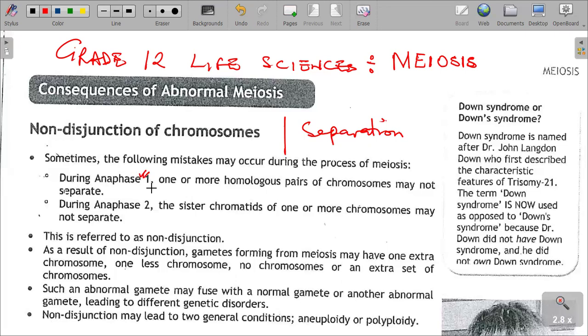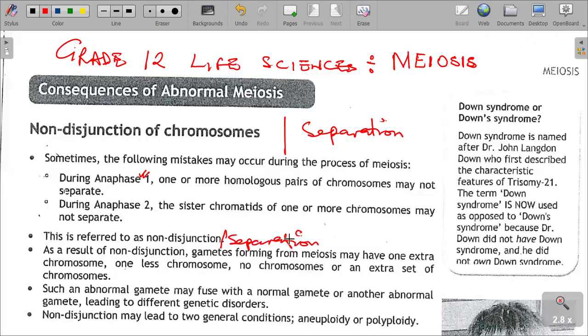During anaphase 2, the sister chromatids of one or more chromosomes may not separate. This is known as non-disjunction, which is also called non-separation.